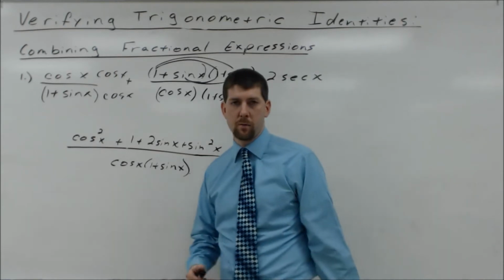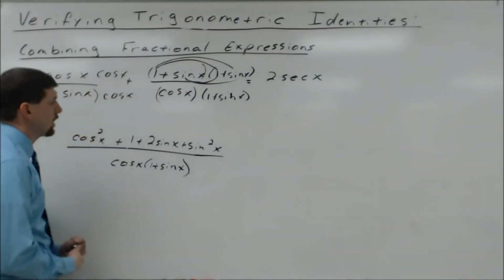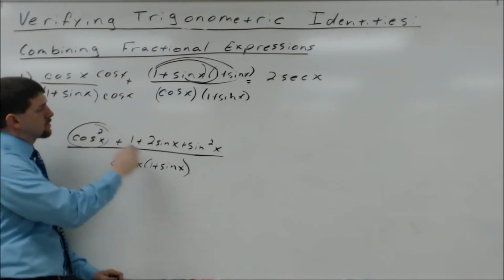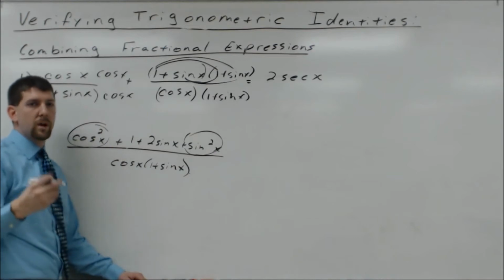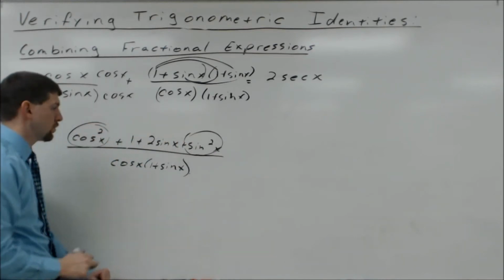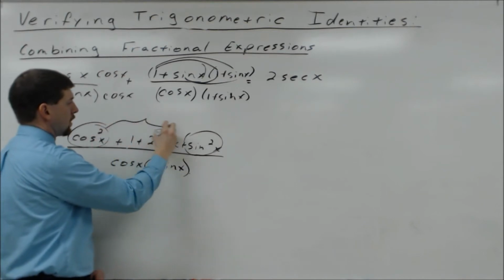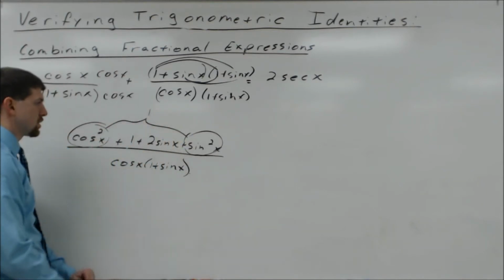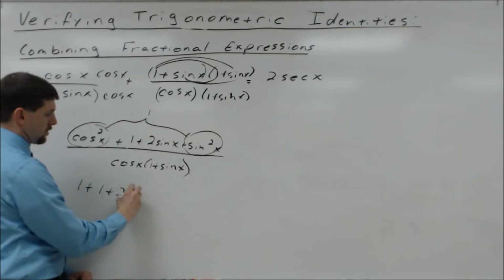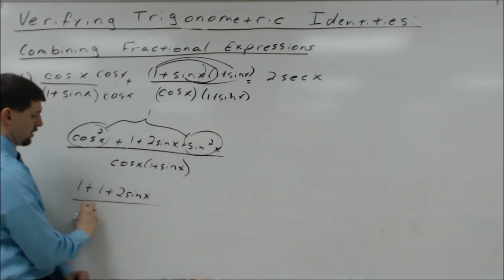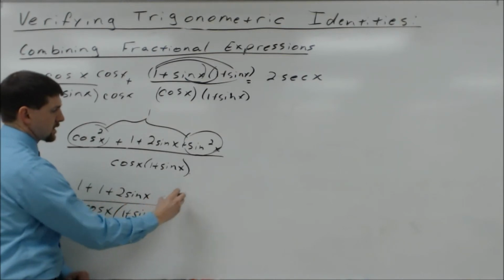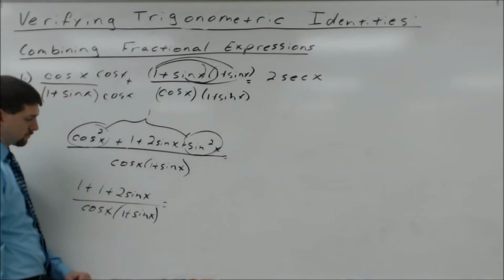So let's look what we've got up in the numerator, see what we can simplify. Something I noticed is I have a cosine squared and a sine squared. We know by the Pythagorean identity that sine squared plus cosine squared equals 1. So we can just do a substitution to where it's 1 plus 2 sine of x over cosine x times 1 plus sine of x. Okay.